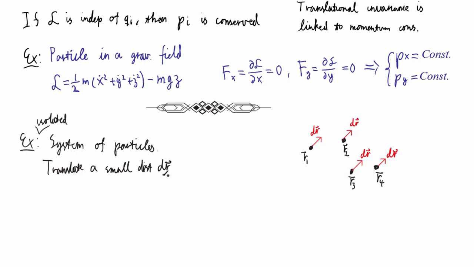Well, if you look at the potential energy at points r1 plus dr, r2 plus dr, etc., it is the same as the potential at the original position, because there are no external forces.